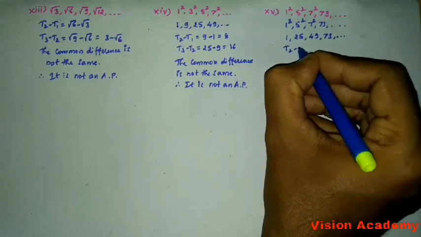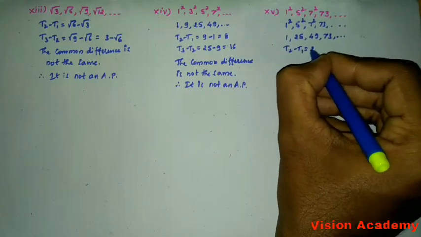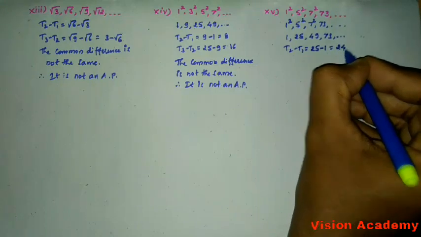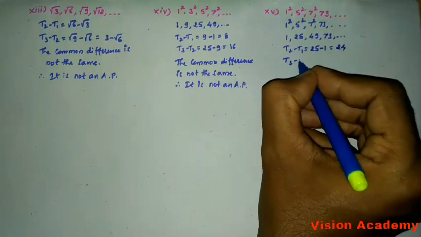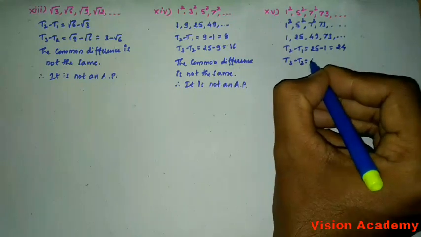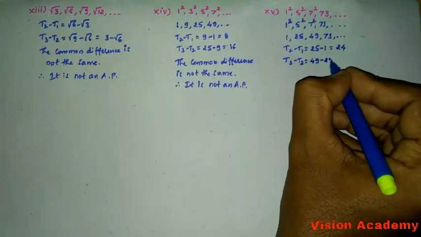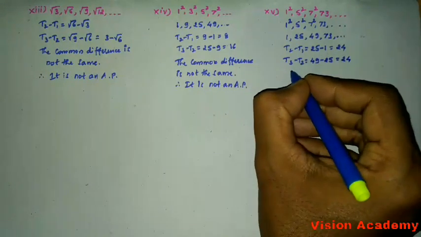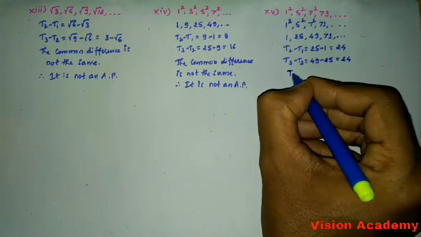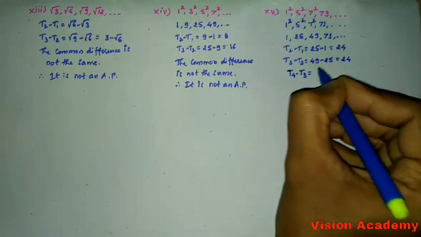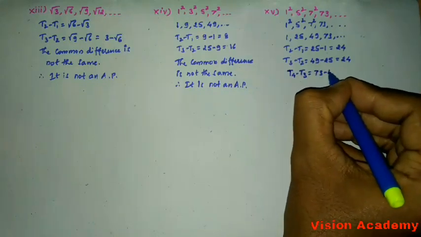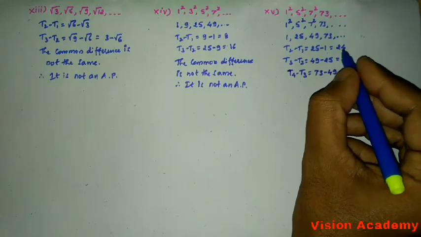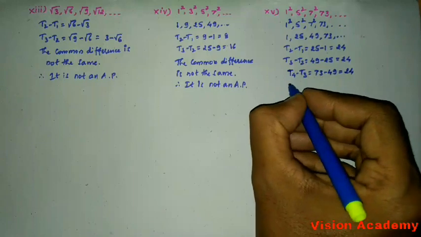Here T2 minus T1 is equal to 25 minus 1, which gives me 24. T3 minus T2 is equal to 49 minus 25, which gives me again 24. Next, T4 minus T3 is equal to 73 minus 49, again it gives 24. Here the common difference is 24.